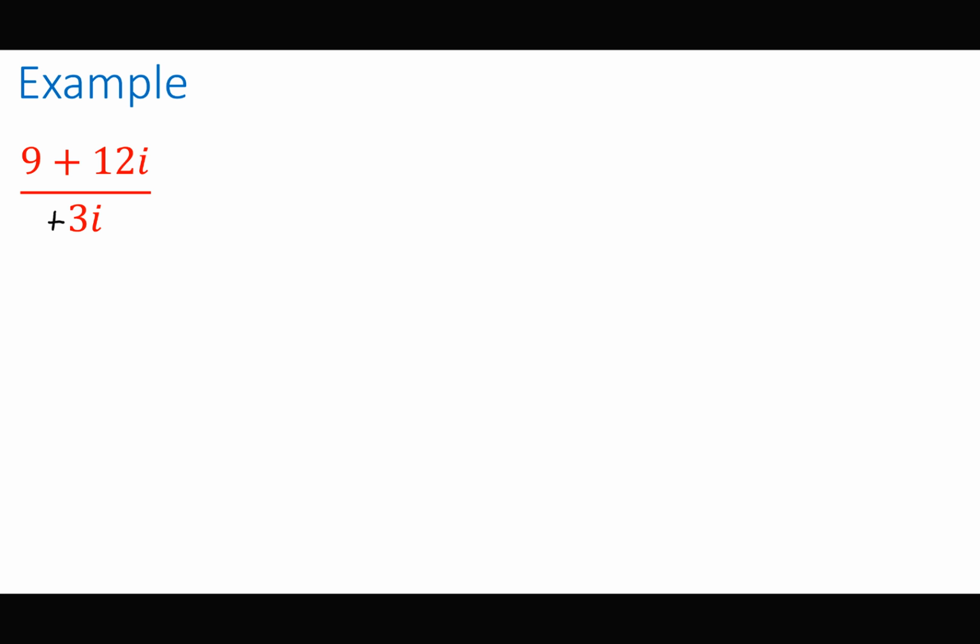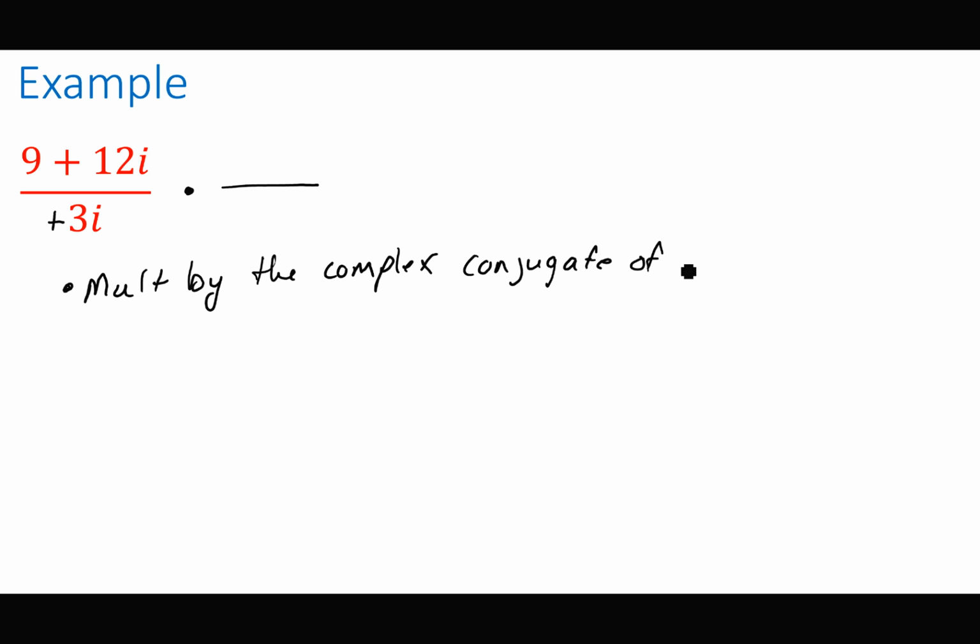Okay, what we want to multiply by is always going to be the complex conjugate of the denominator. Okay, so we want to multiply by the complex conjugate of the denominator every single time.